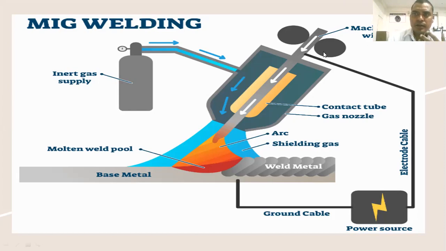When you visit a workshop and see welding, you can see they have a wire, and it is consumable. The wire is fed at a constant rate through the feed roller.